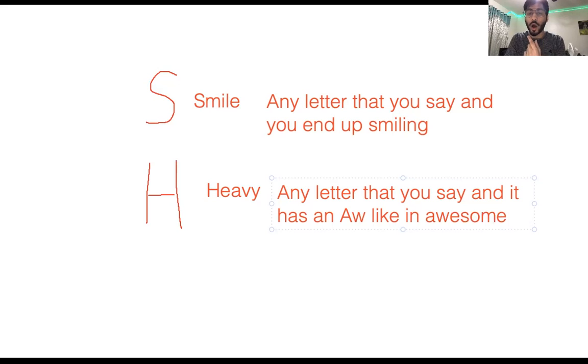That is a heavy letter. So let's take the letter ra, your mouth is opening upwards. Kha, your mouth is opening upwards. Sad, dad, ta, za. All of these are examples of letters where your mouth is opening upwards. That is a heavy letter. And any letter that you're smiling on, that is a smiling letter.